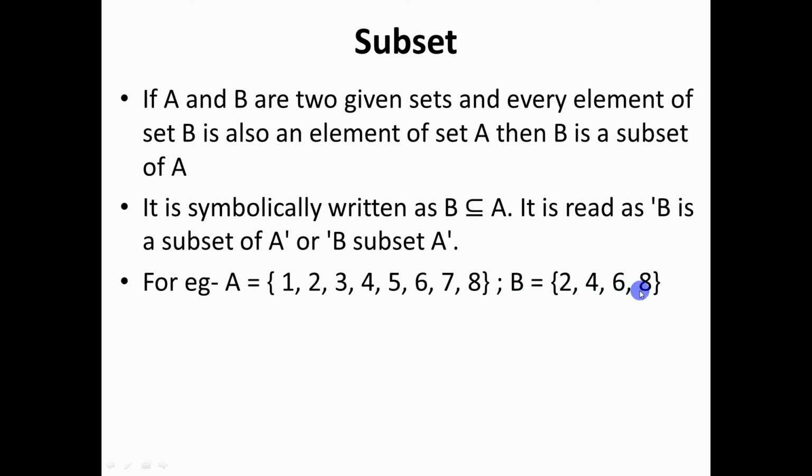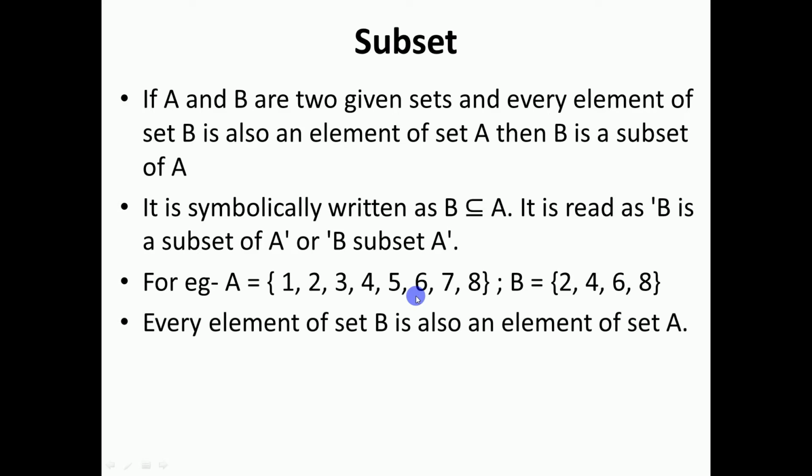Now if you notice, 2, 4, 6, 8 are already present in the set A. So basically the elements of set B are present in the set A. So every element of set B is also an element of set A. So we can say that here B subset A, because all the elements of set B are present in set A.